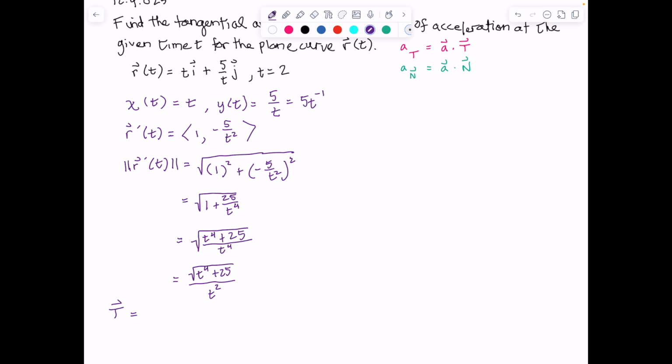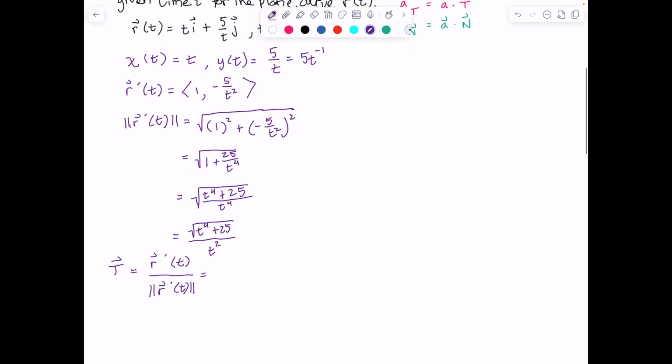Okay, so putting this together to find T, we will have T is equal to r prime at t over the magnitude of r prime at t, which in turn was equal to the vector 1, comma, negative 5 over t squared, over the square root of t to the 4th plus 25 over t squared.